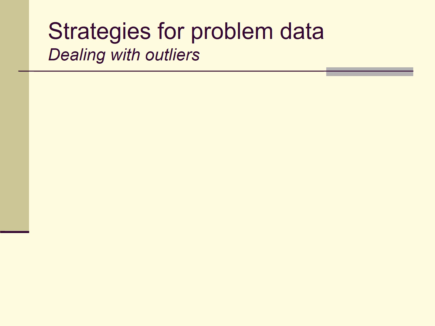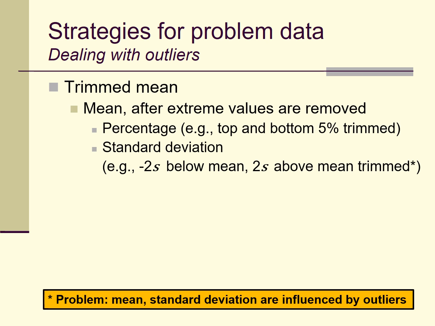So, a related idea that comes up with removing cases is, in some statistical programs, for instance SPSS, you can find the trimmed mean. The trimmed mean is just a calculation of the mean after extreme values are removed, and you can trim means in different ways.